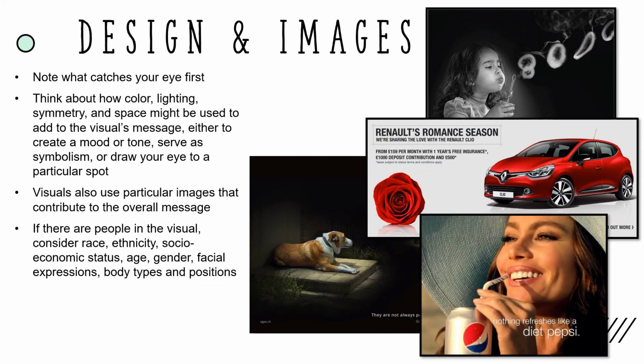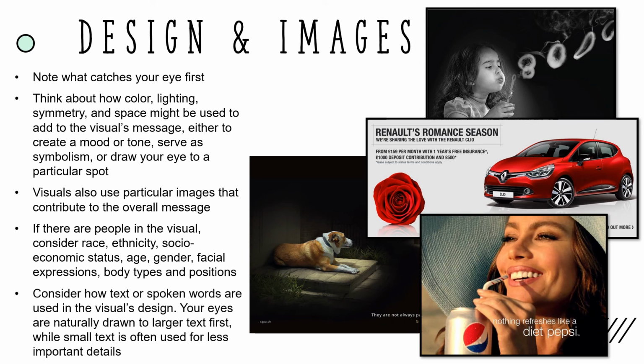An image of a happy, carefree, pretty person drinking soda on the beach might persuade the audience to buy that soda. Likewise, consider how text or spoken words might be used in the visual's design. Your eyes are naturally drawn to larger text first, while smaller text is often used for less important details.